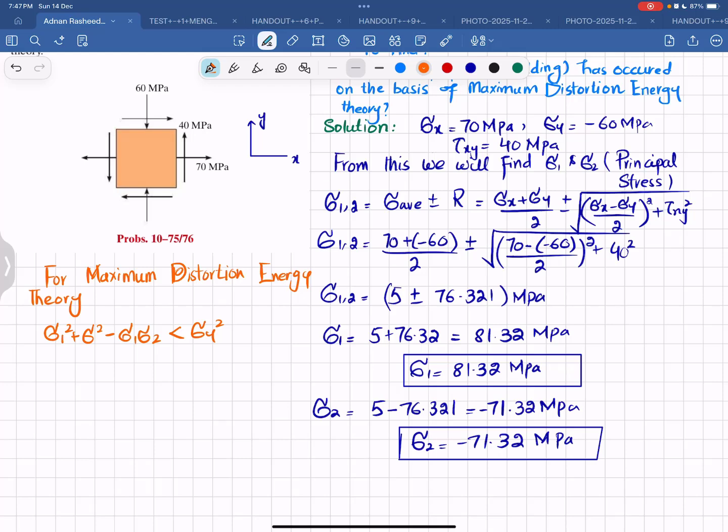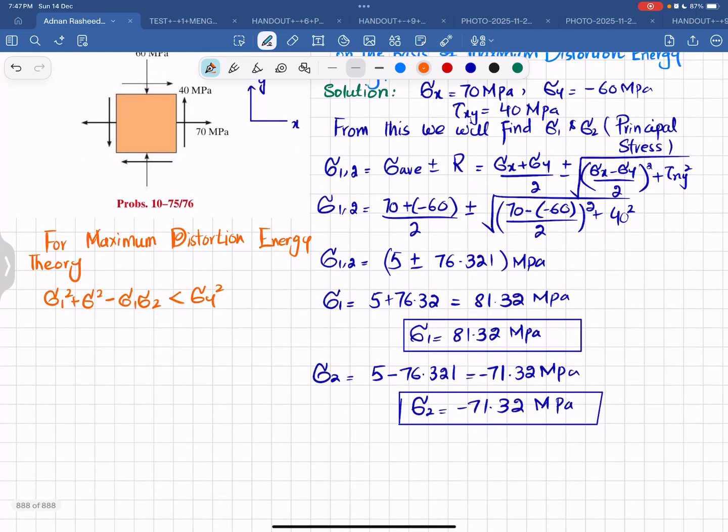Under this condition, it will not yield. Okay, so we will put the values: sigma 1 is 81.32 whole square plus sigma 2 is minus 71.32 whole square minus sigma 1 is 81.32 and sigma 2 is minus 71.32, and it should be less than sigma yield square.